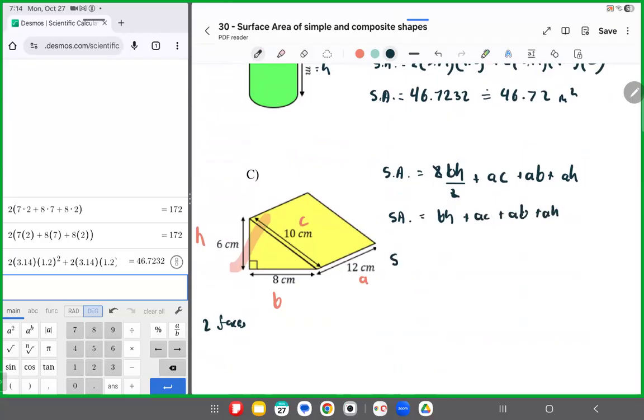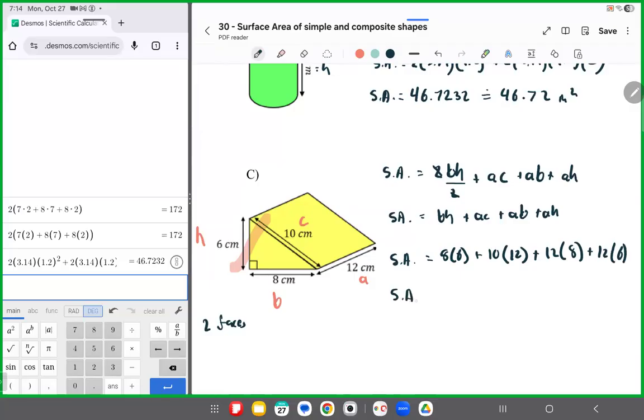Okay, so this surface area, so base times height, so that's going to be 8 times 6 plus A times C, so that's going to be 10 times 12. A times B is going to be 12 times 8. And A times H would be 12 times 6.